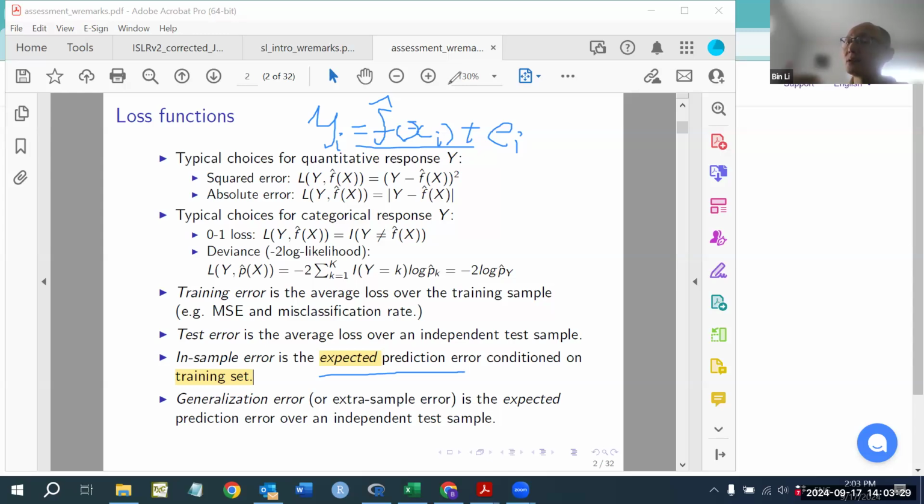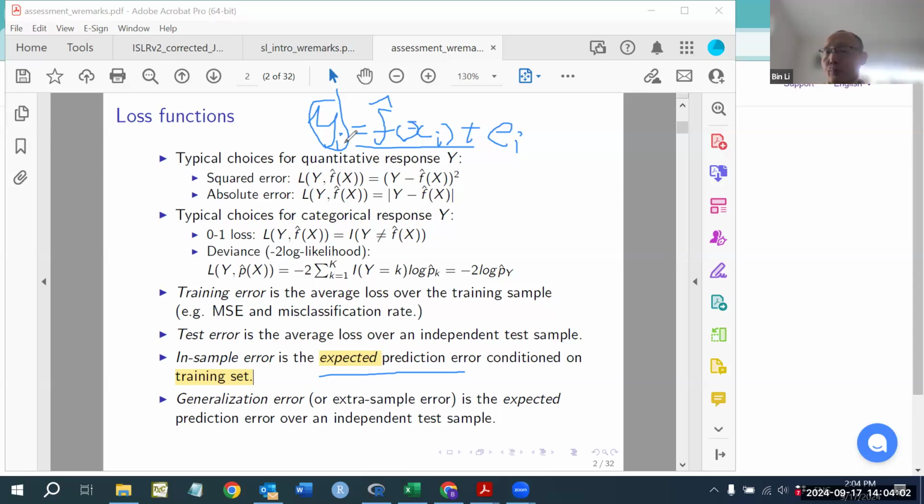When we regenerate those y's, they will be slightly different. Remember the assumption? Y has two parts. One is the deterministic part, two is the random part. So the x is the same, so the deterministic part is the same, but the random part will change. The random error will be different. So that's why the new y will be different.